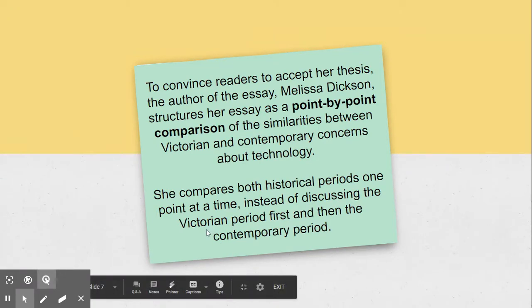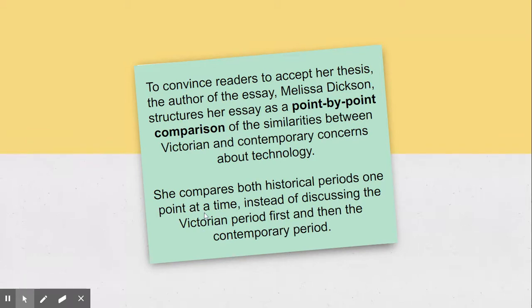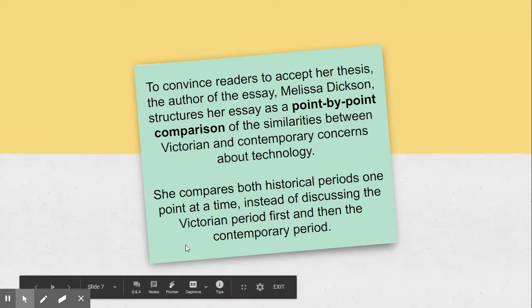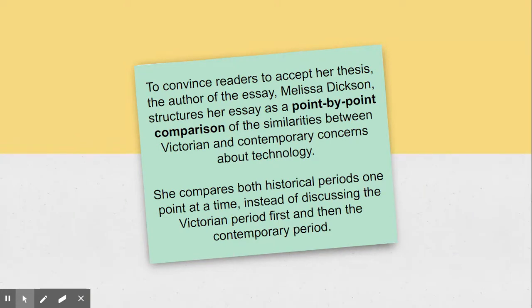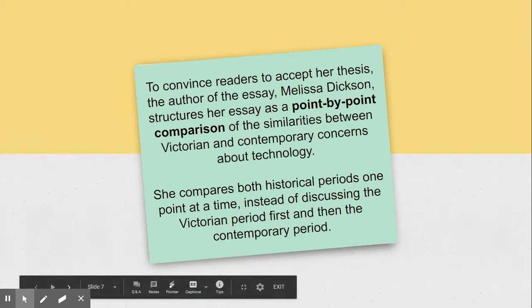Point by point means that she compares both historical periods one point at a time, instead of discussing the Victorian period first and then the contemporary period. So when you're reading through the mentor text, pay attention to how that's organized and see if that seems effective and relevant for the point she's trying to make.